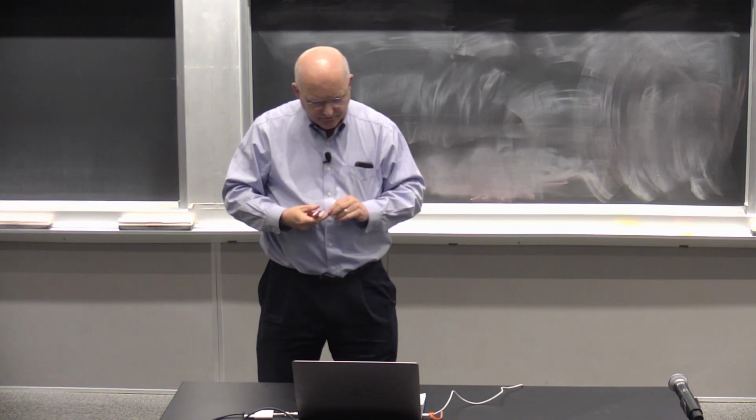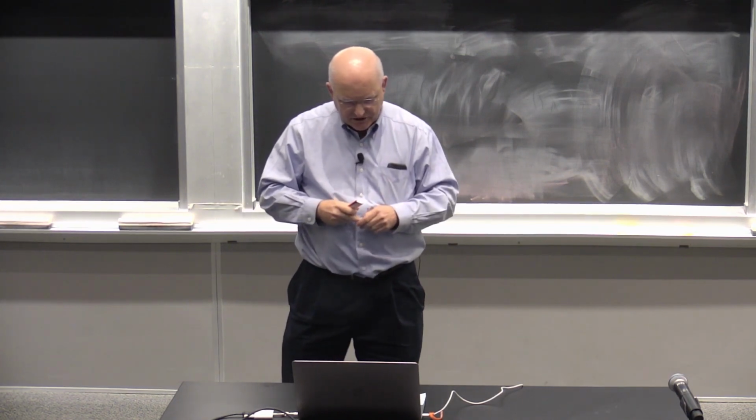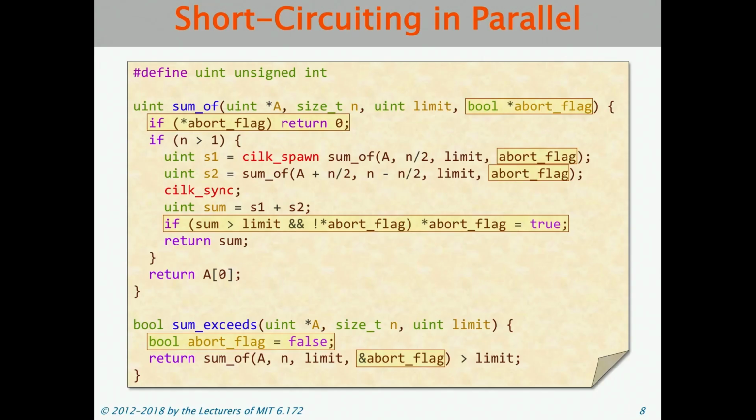And then in checking to see if it exceeds, we basically call this function, we set the abort flag to false, and then we return the sum of all the values, and if it aborts, then it just returns early.